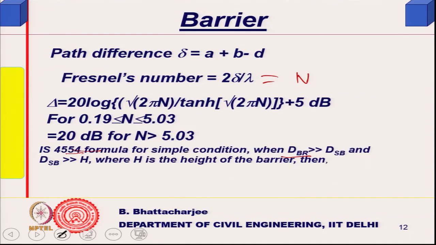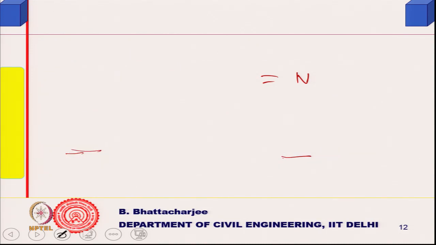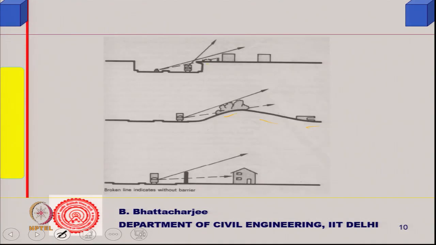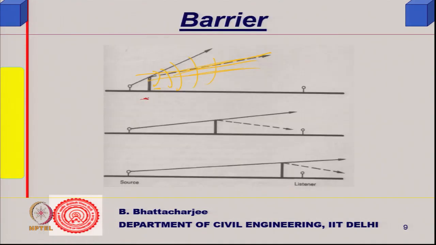Now, as I said, the IS code gives you an empirical formula, assuming dBr is very, very large compared to dSB, which means this kind of situation: source to barrier is small, barrier to receiver is large.